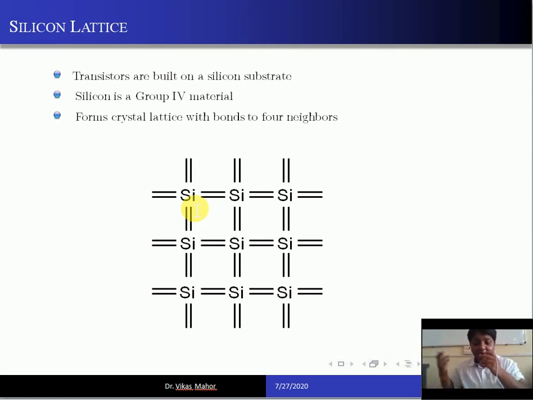So depending upon our requirement, we can make the silicon a perfect conductor or an insulator. That's why it is known as a semiconductor. It conducts or it may not conduct, depending upon various parameters.